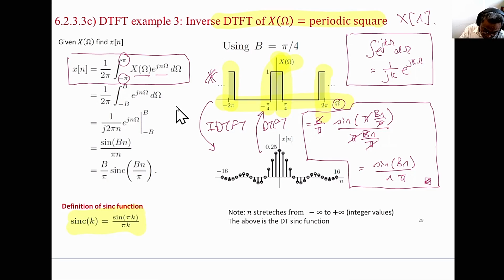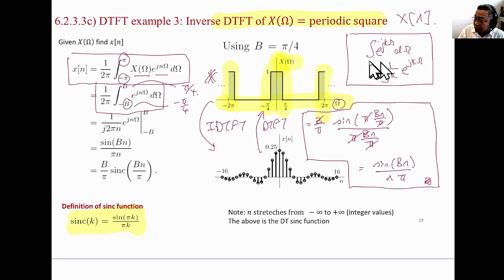So this integration reduces to here, where minus b is equal to minus pi over 4, and positive b is pi over 4. The only problem now, of course, is how to integrate e^(j omega n) d omega.